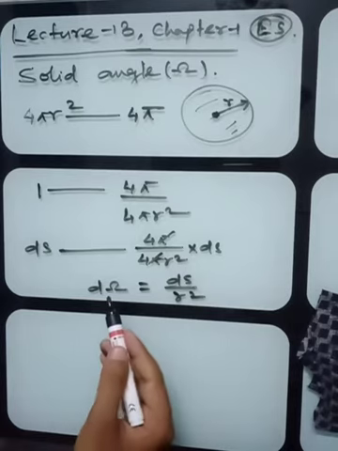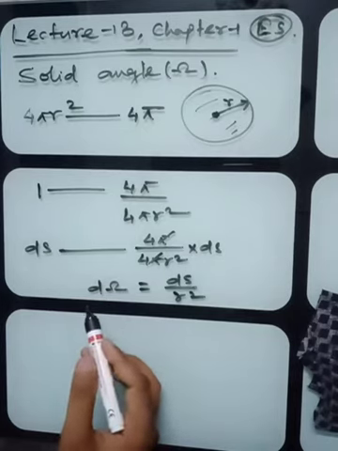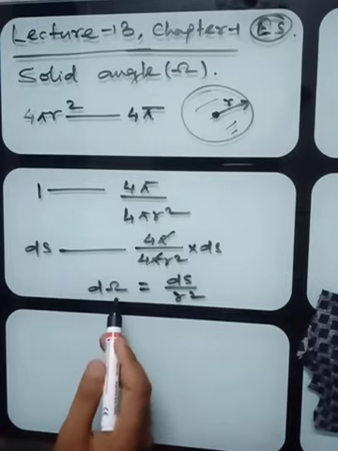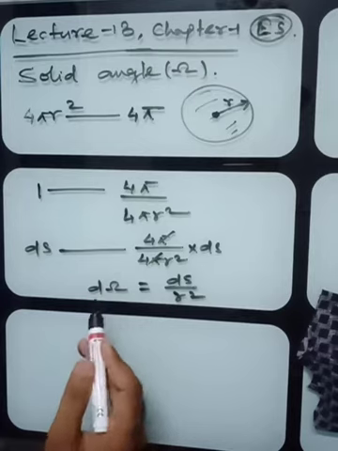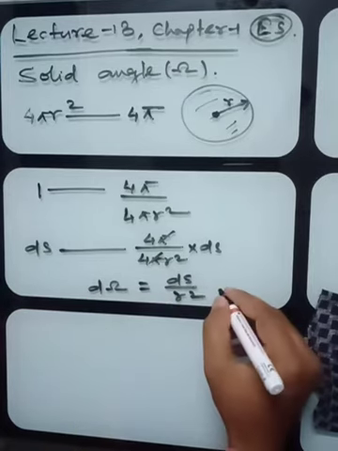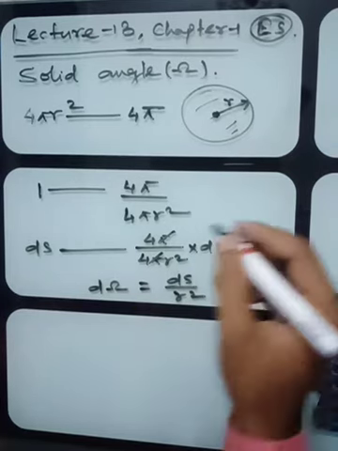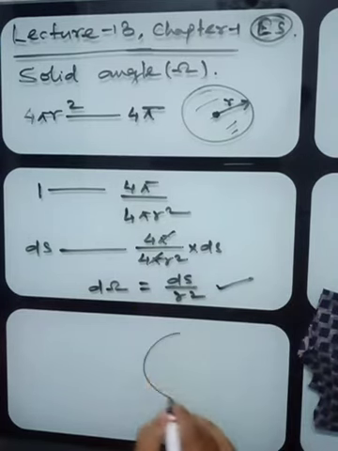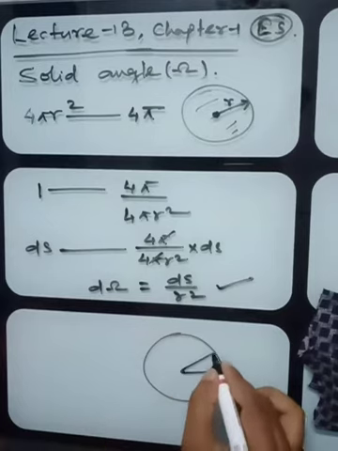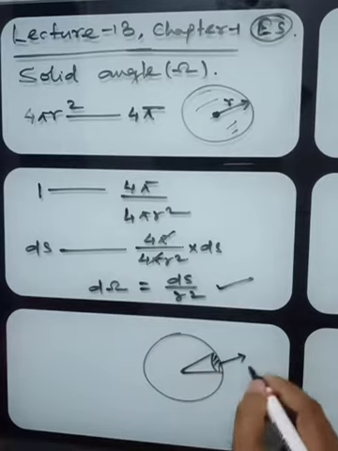Now this solid angle we will treat as positive, as a vector quantity. And in what way can we represent this as a vector quantity? If this is the sphere, here the surface area is ds.